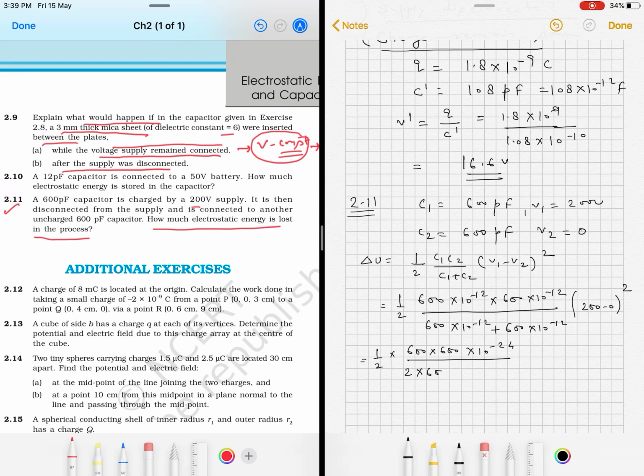In the denominator is 2 times 600 into 10 to the power minus 12, into 200 square, that is 200 into 200.